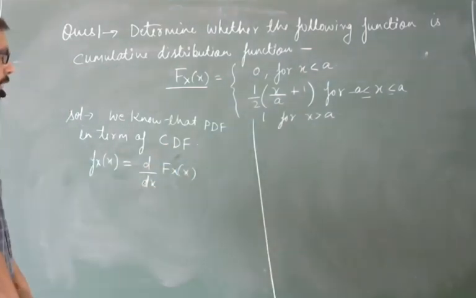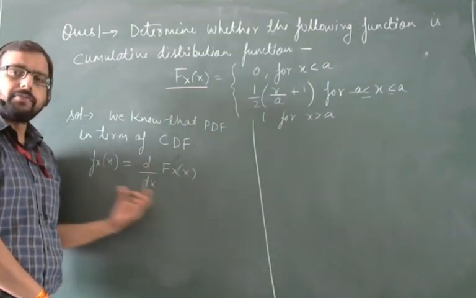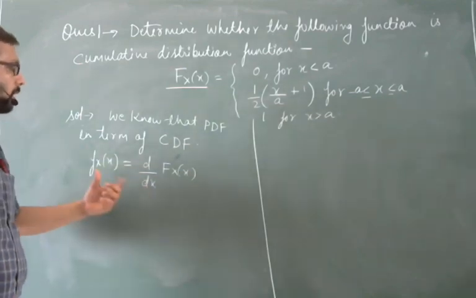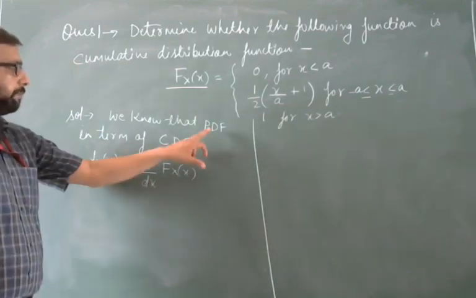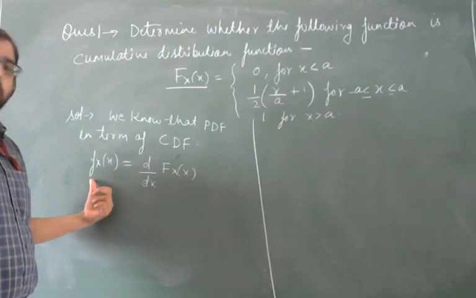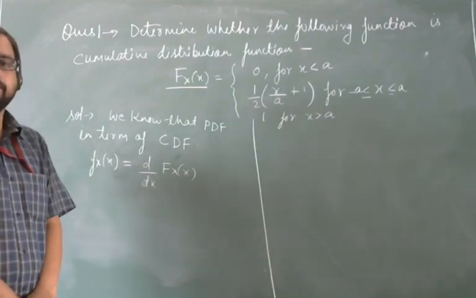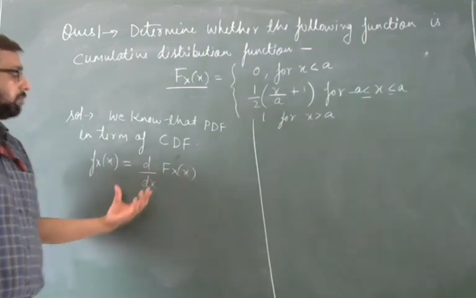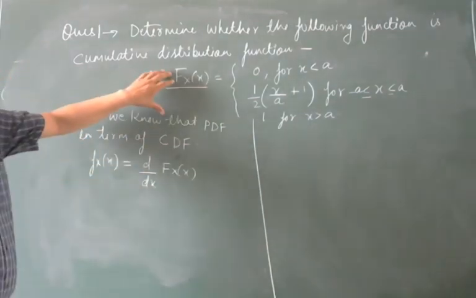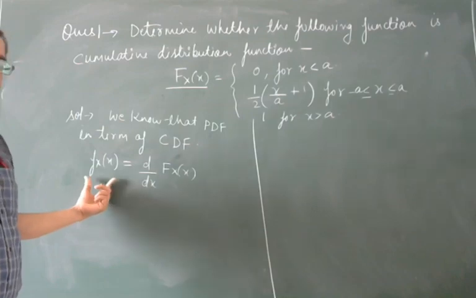We know that if you differentiate the CDF we get the PDF, we have written the same, and also we know the PDF is represented by the small f and the CDF is represented by the capital F. Okay, this is the relation. By using this relation, this function is converted into the PDF.